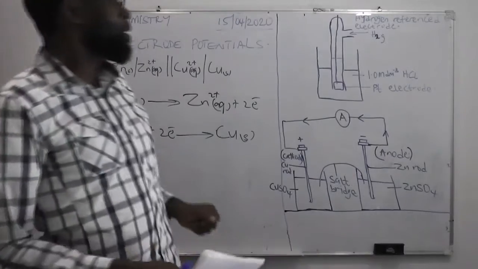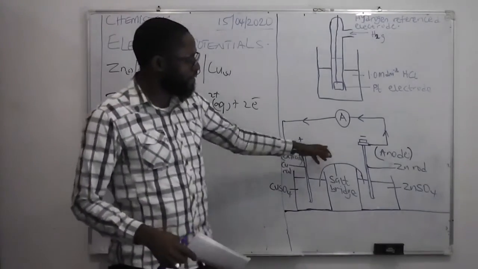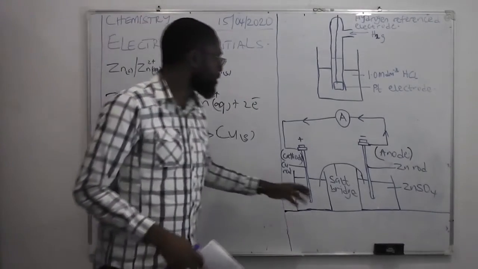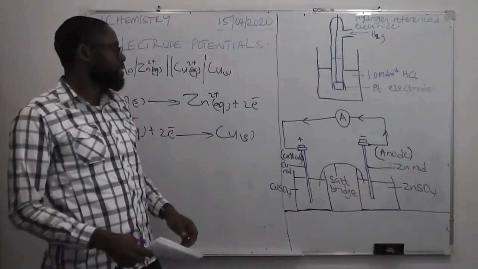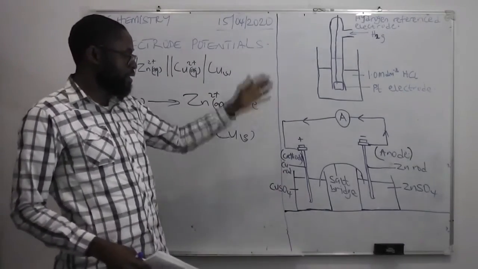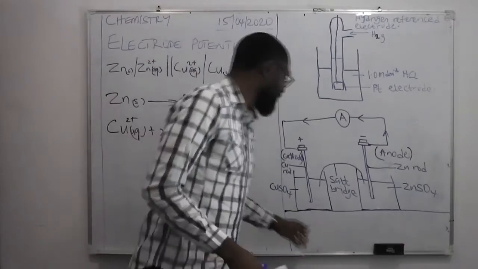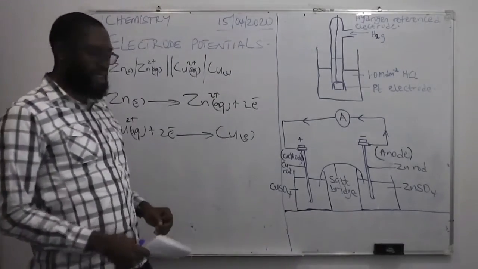Now, I will make a reference to this diagram you have seen on the board here. As you can see, we have a diagram of 2 different solutions. A solution of zinc sulfate with a zinc rod immersed in it, and a solution of copper(II) sulfate with a copper rod immersed in it.